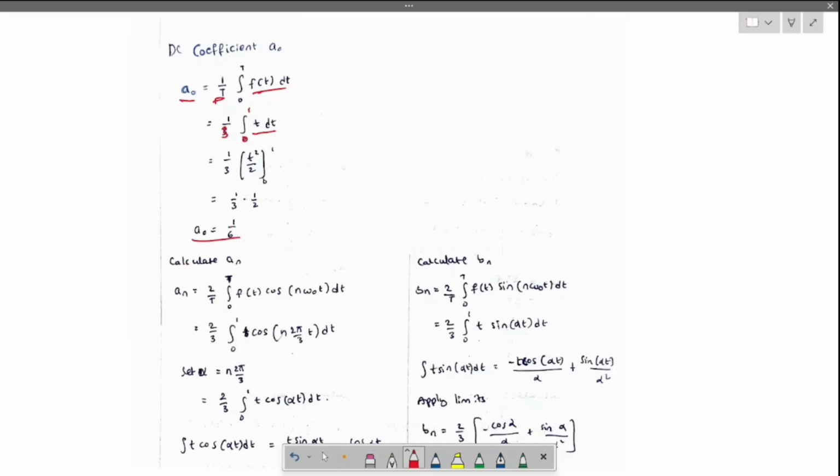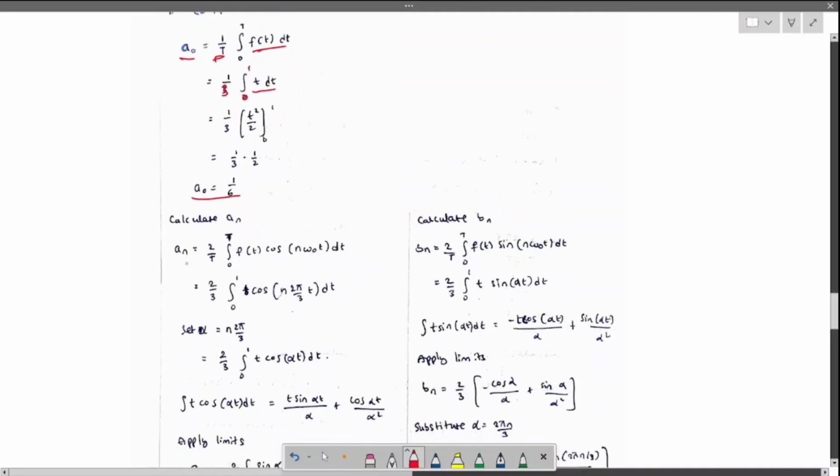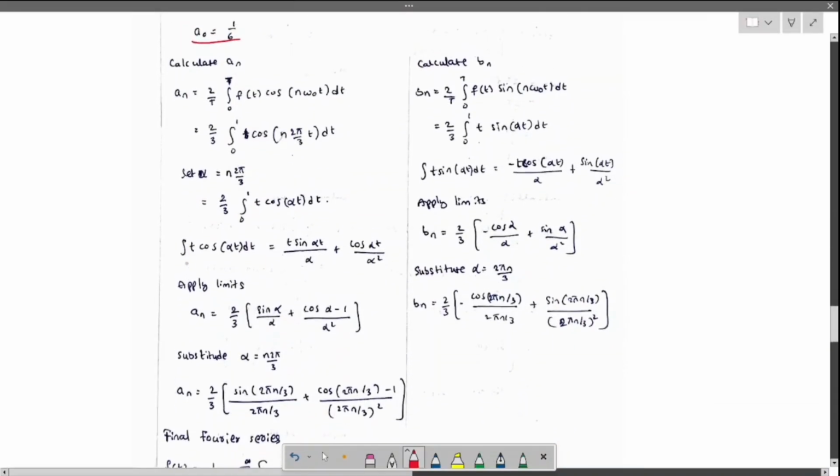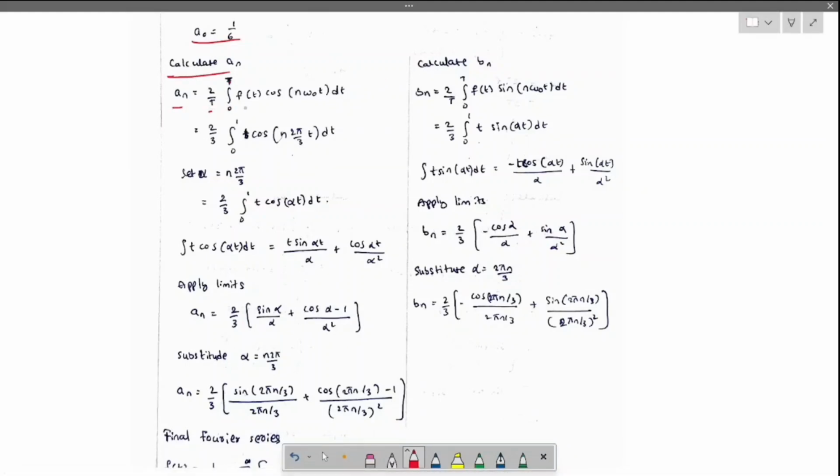Now let us calculate an, which equals 2 by T, integral 0 to T of f of t cos n omega t dt. T is 3. The integration is only for 0 to 1, because from 1 to 3 it is 0, right?